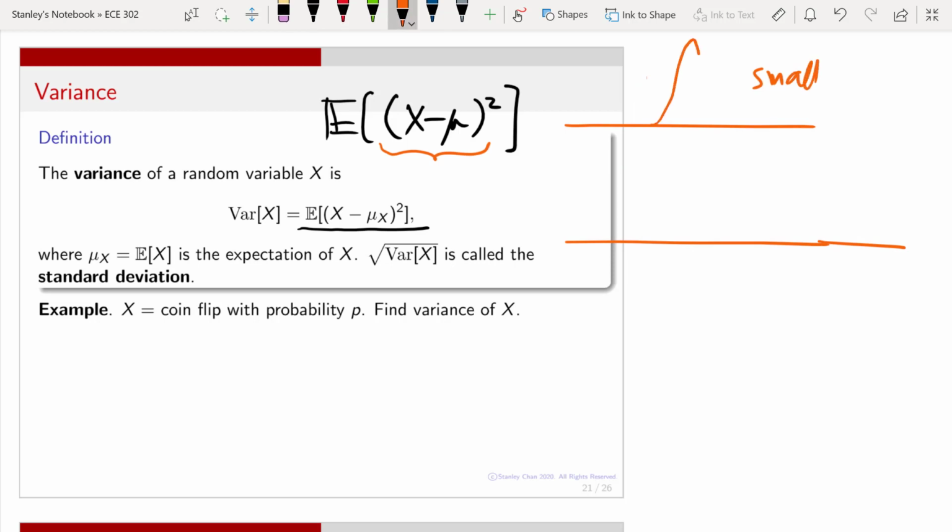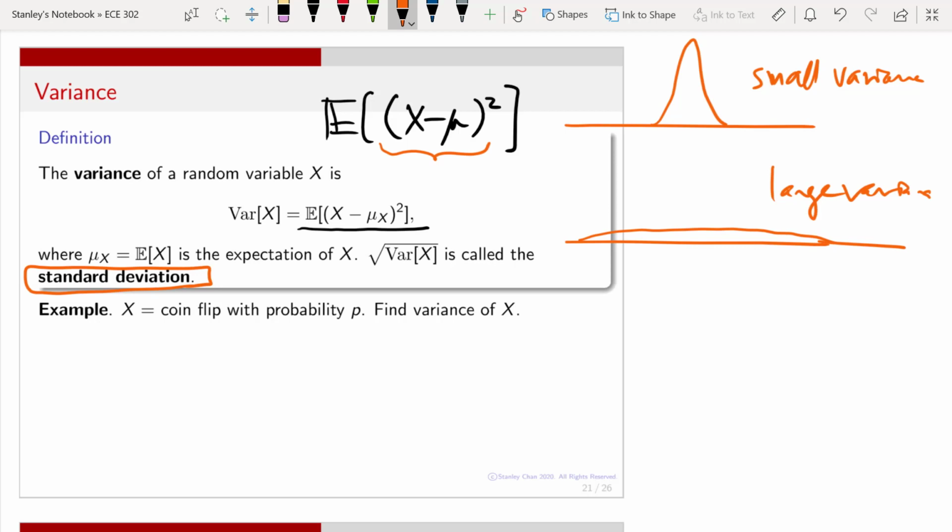And if I have a random variable with this probability mass function, that will give you a large variance. Now if you take the square root of the variance, you get what we call the standard deviation. So the standard deviation is the square root of the variance.